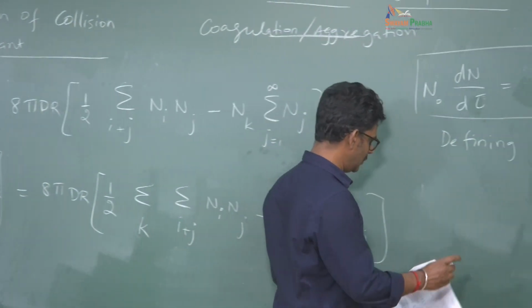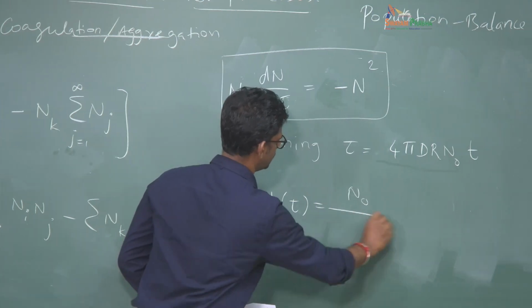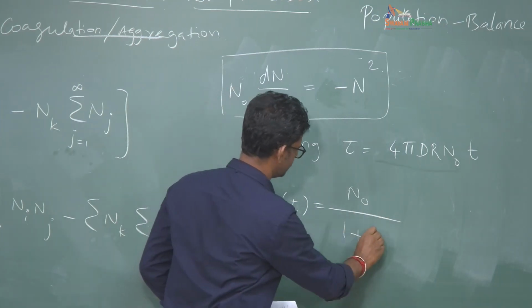So, if you solve this, you will get N of tau as n naught by 1 plus tau.